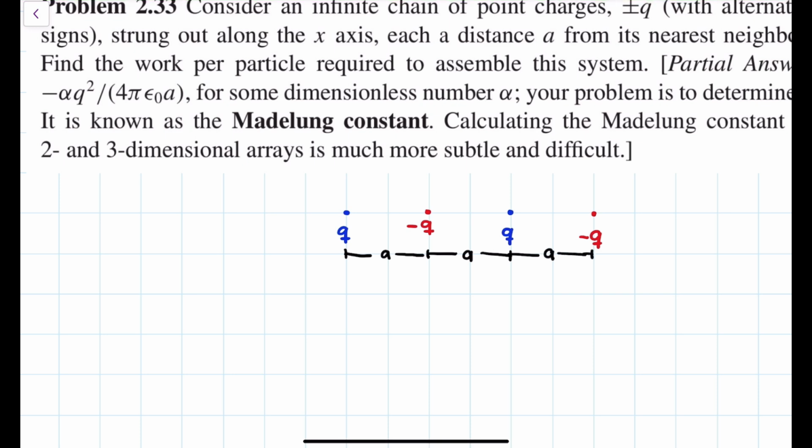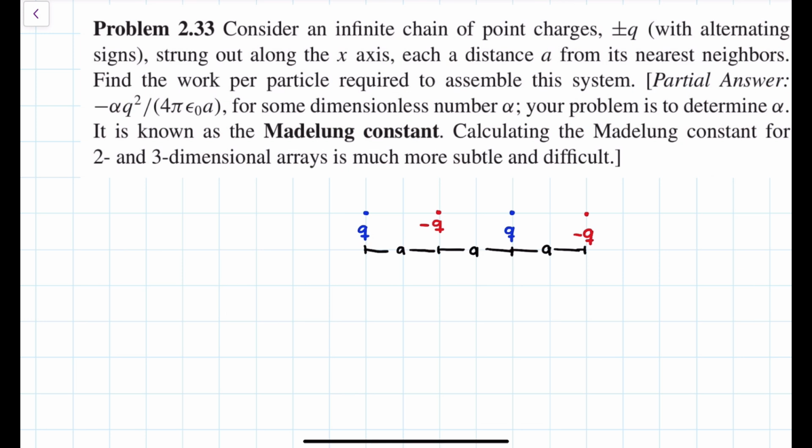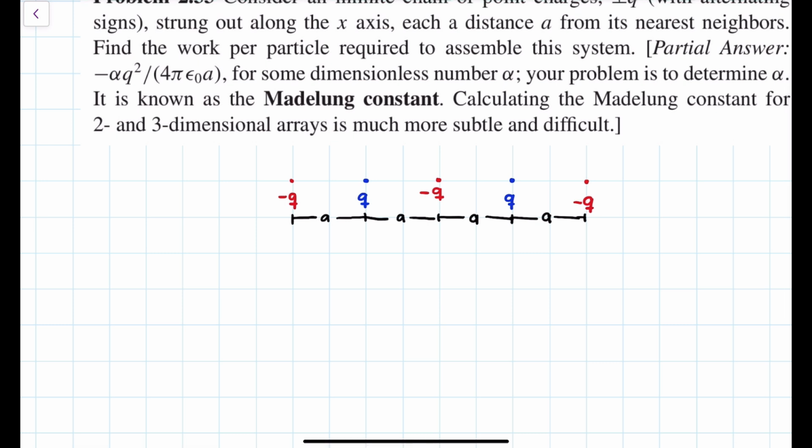Okay, and so because we need the work per particle, we can just start off by adding a particle to this system that we have drawn right here. And let's say I wanted to add a particle to the left, meaning it's a negative charge. Okay, and we know that the work to bring in one particle is 1/2 QV.